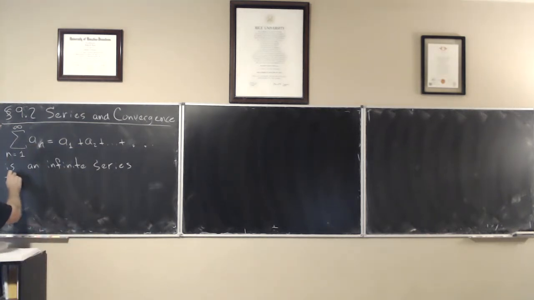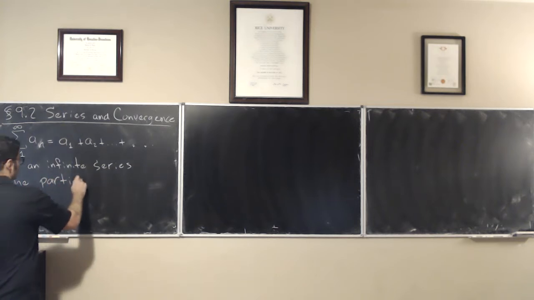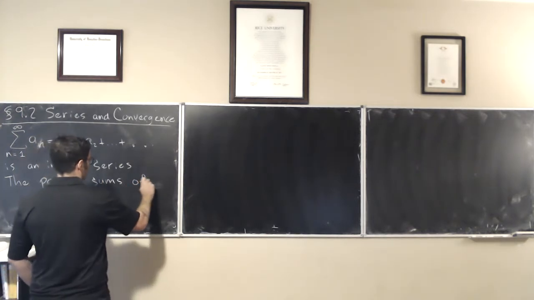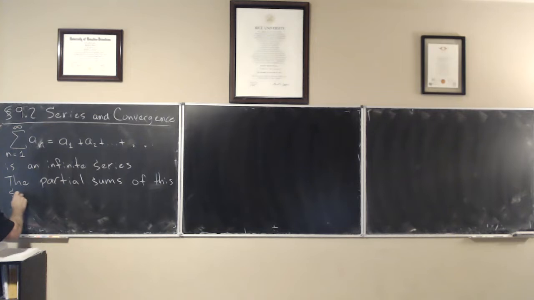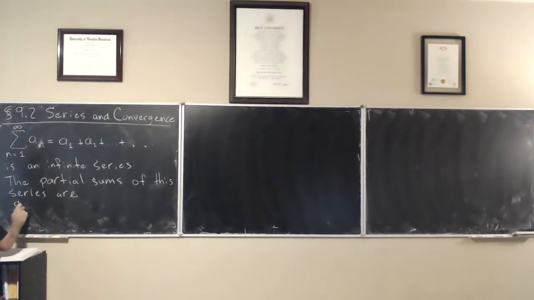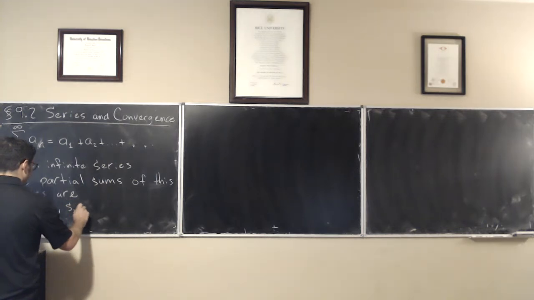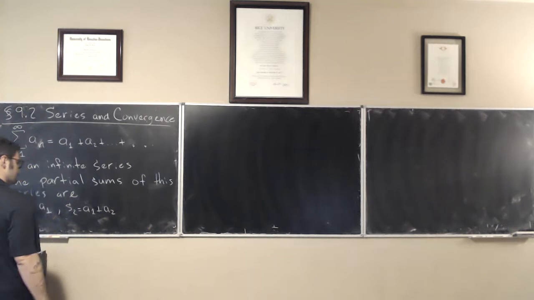So the partial sums of this series: S of 1 is just equal to a sub 1. S of 2 is equal to a sub 1 plus a sub 2.